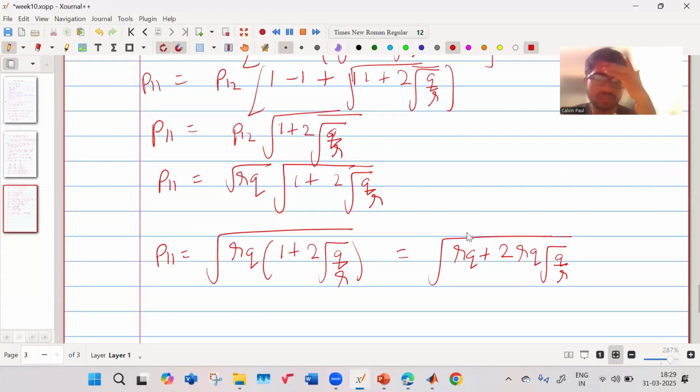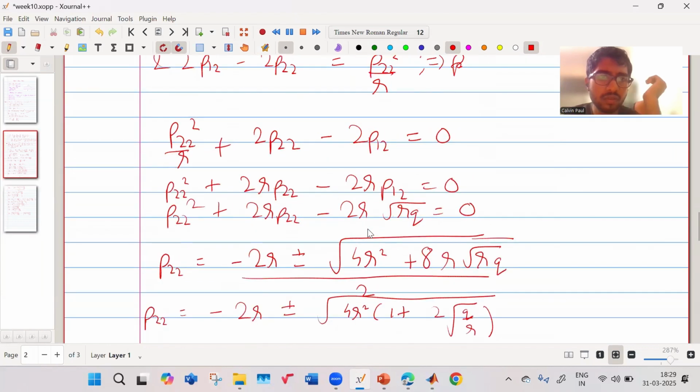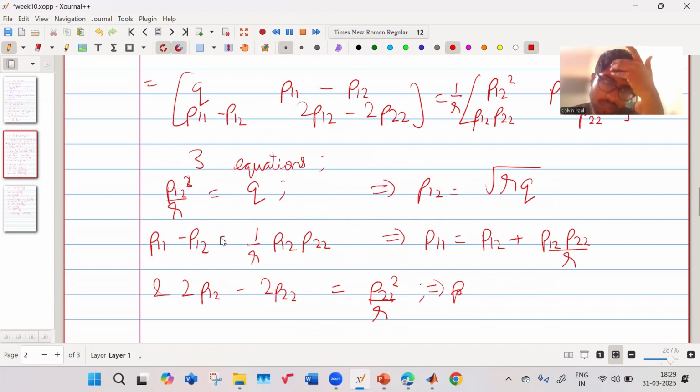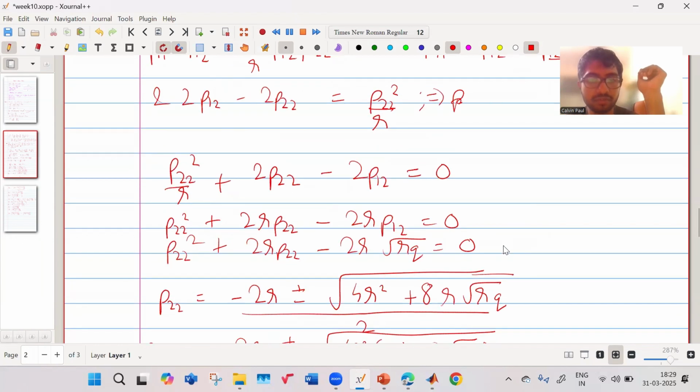Just recheck my calculations. We've got three equations. P11 minus P12 is equal to 1 upon R P12 into P22. So P11 is equal to P12 plus P12 into P22 upon R. So we take P12 only.